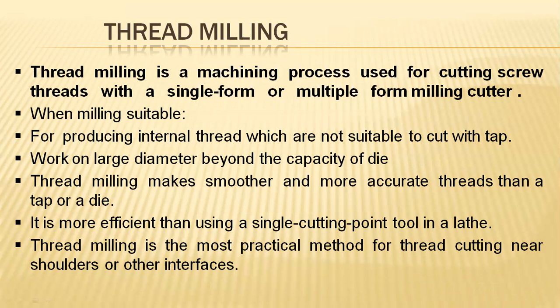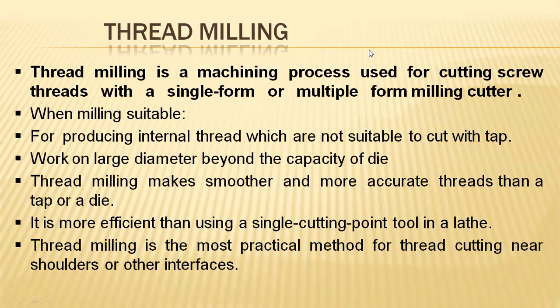That is nothing but the threading process. In the case of milling, we'll be utilizing this thread cutting process, which we will have a detailed look at in today's class.